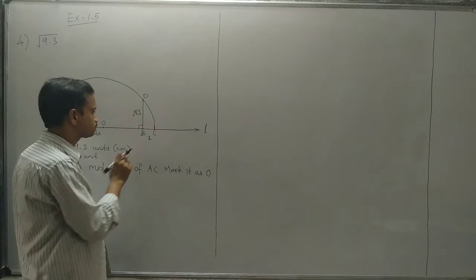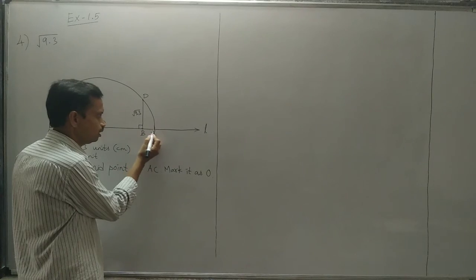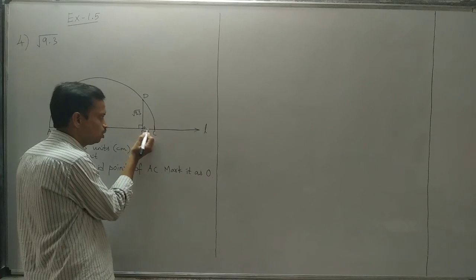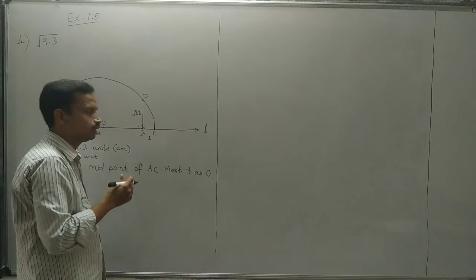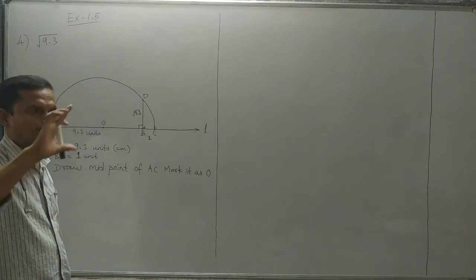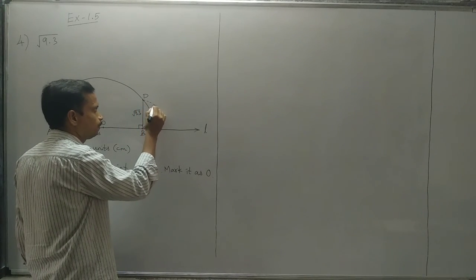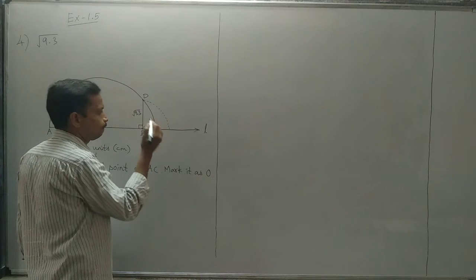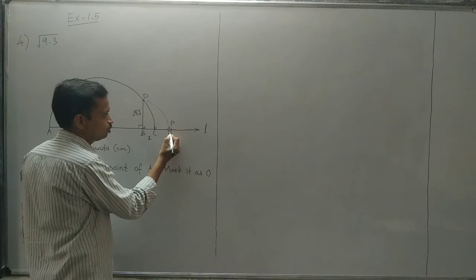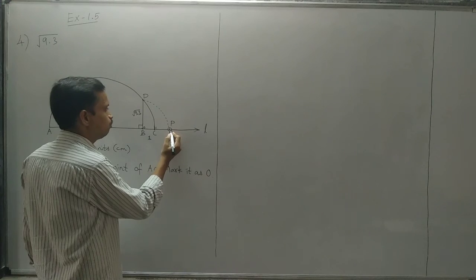Keep B as the 0, because from here DC is 1 unit. Therefore, here we can take this as 0 and this as 1. And with B as the center and BD as radius, if we draw an arc, this point, suppose P, on the number line represents root 9.3.